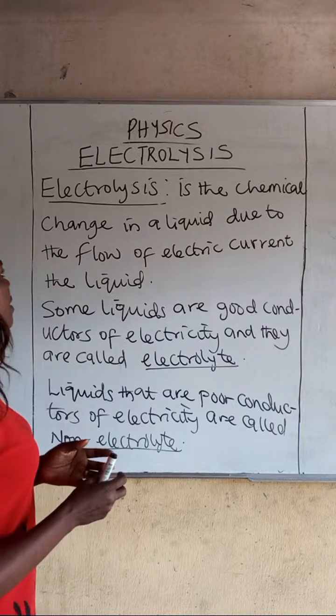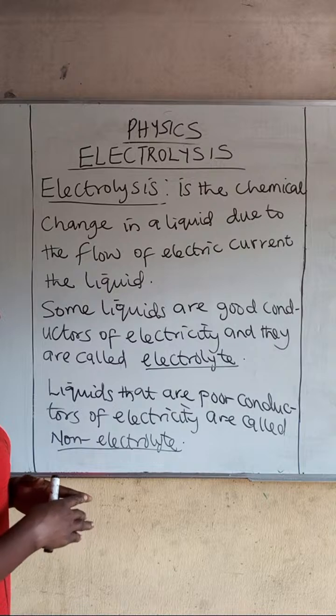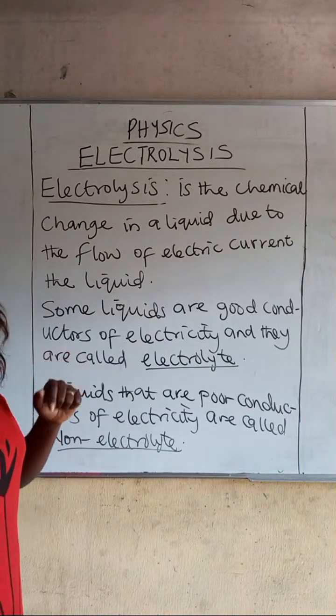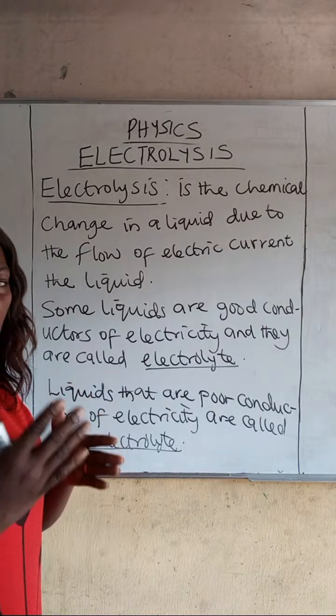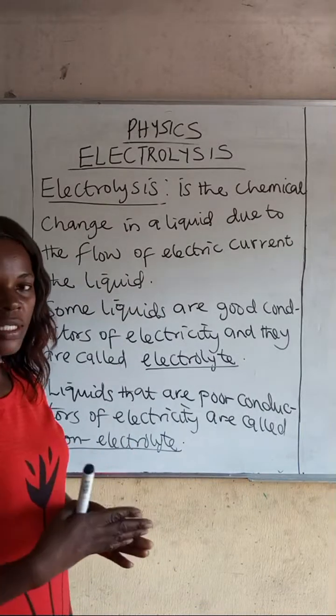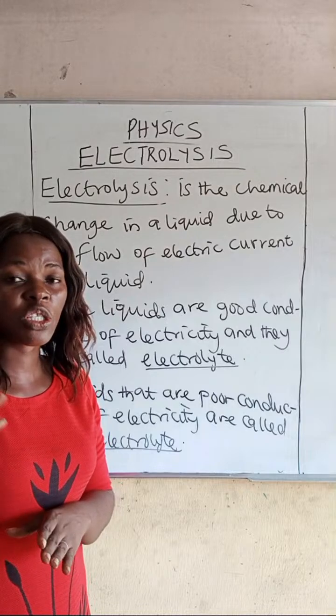Let's explain. Electrolysis is the chemical change in a liquid due to the flow of electric current through a liquid. There is a chemical change in a liquid when current flows, and that is the concept of electrolysis. You want to know how liquid conducts electricity.